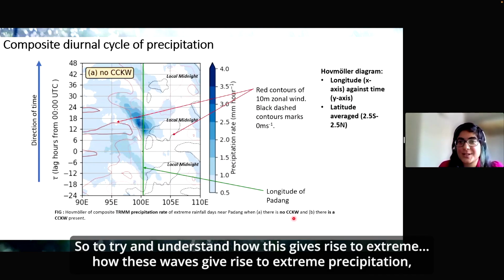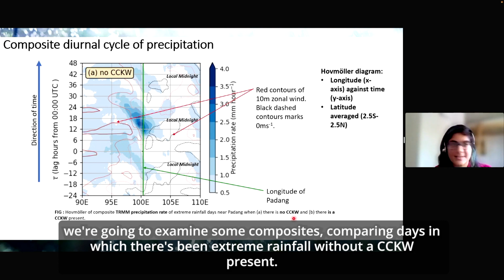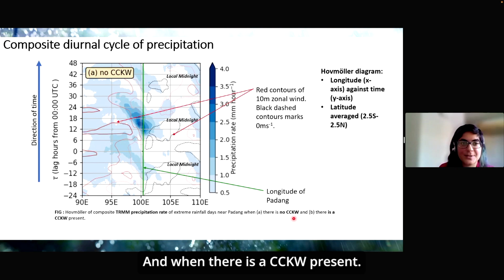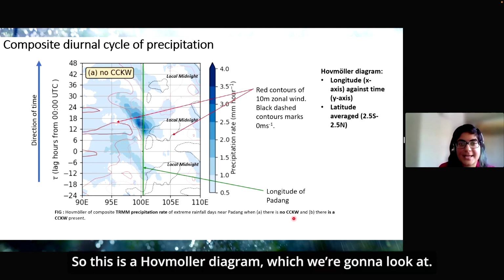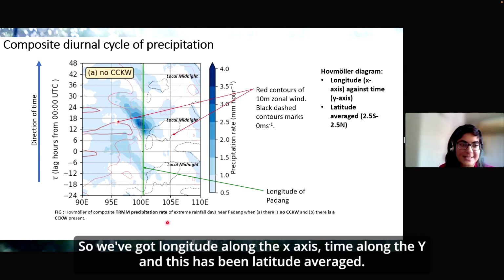So to try and understand how these waves give rise to extreme precipitation, we're going to examine some composites comparing days in which there's been extreme rainfall without a CCKW present and when there is a CCKW present. So this is a Hovmöller diagram, which we're going to look at. We've got longitude along the x-axis, time along the y, and this has been latitude averaged.